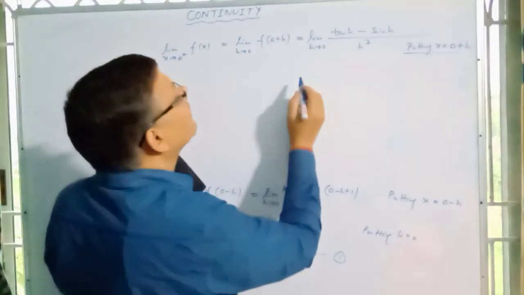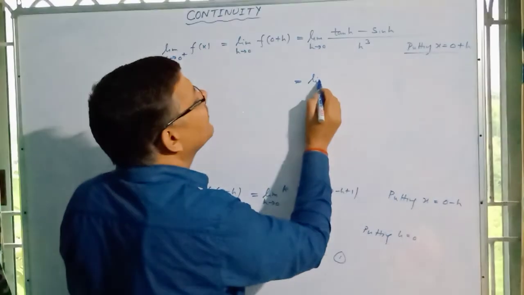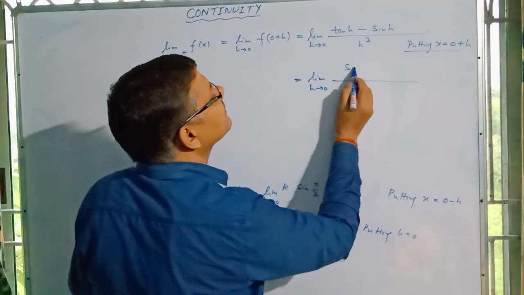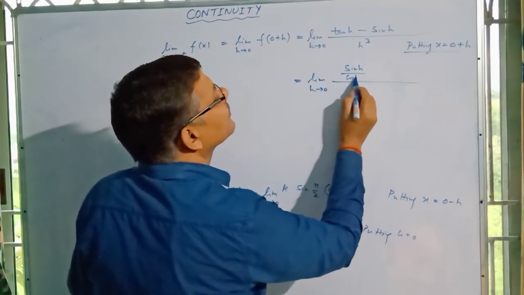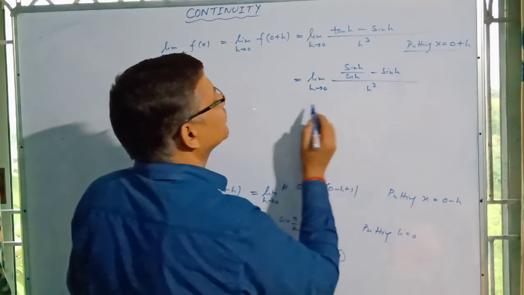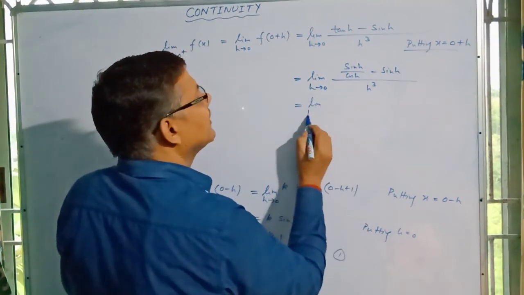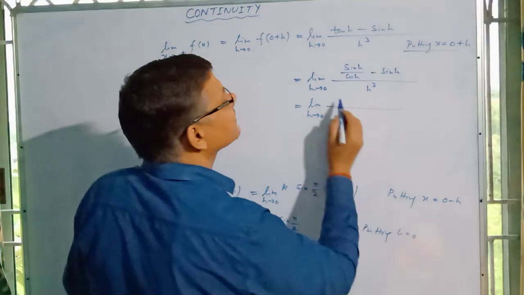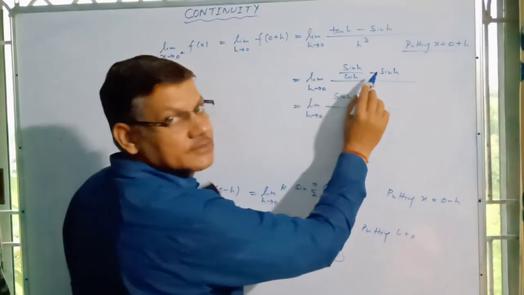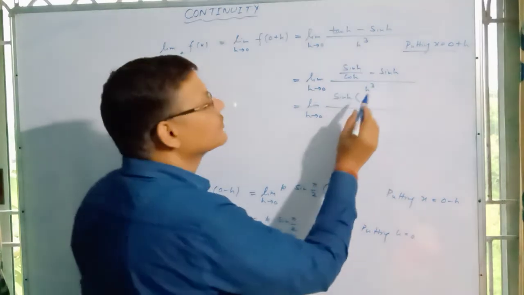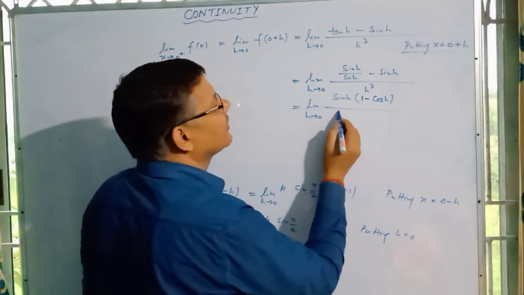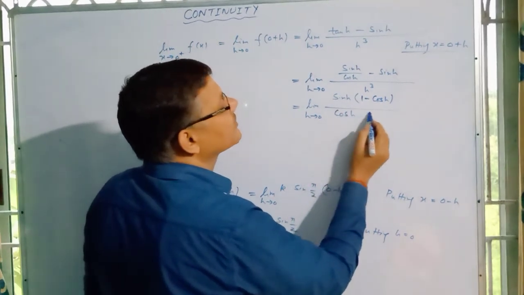So it is equal to limit h tends to 0 of (sin h by cos h minus sin h) by h cube. Taking sin h common, we are left with 1 by cos h minus 1. On solving we get 1 minus cos h, with cos h written in the denominator, then h cube.